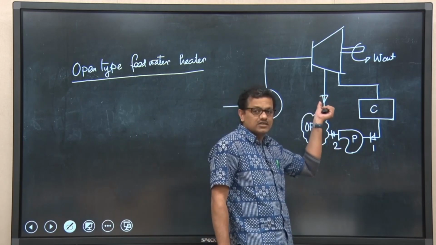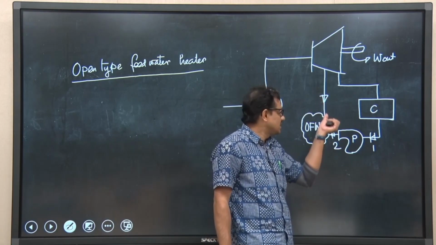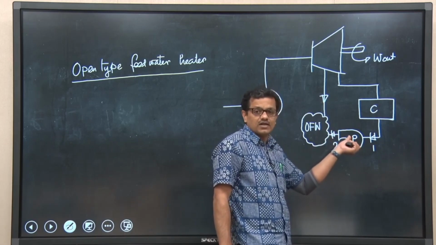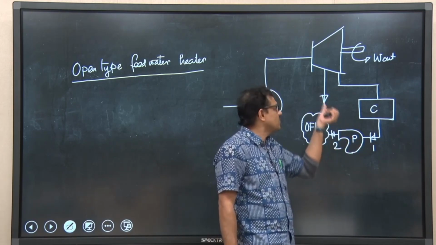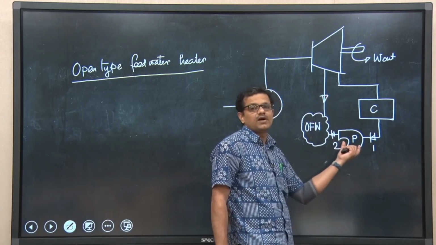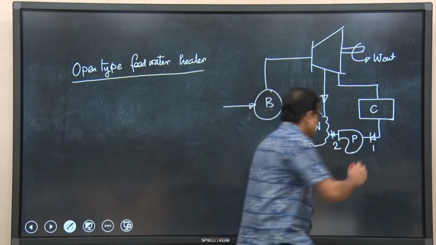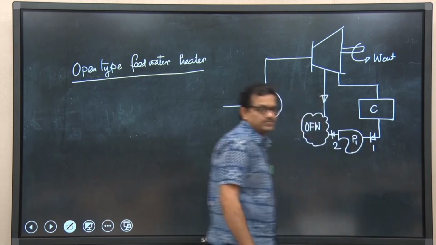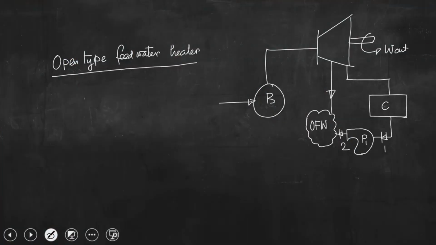So, to ensure that the mixing will be efficient, the pressure of the feed water should be equal to the pressure at which steam is extracted, and that is why this pump is coming into the picture. So, this is pump 1. So, this is Q out and this is W in.